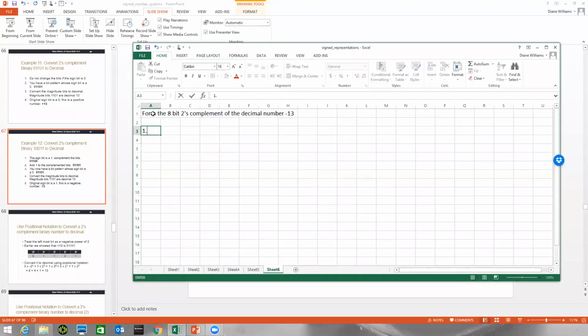All right, so we said one way to do it is we want to write the magnitude of 13, right? We did that by saying, well, that's just 1101.